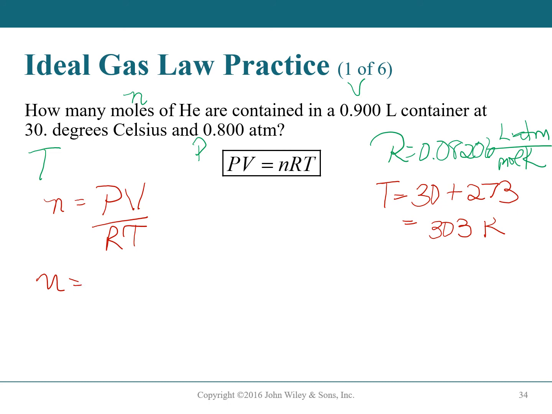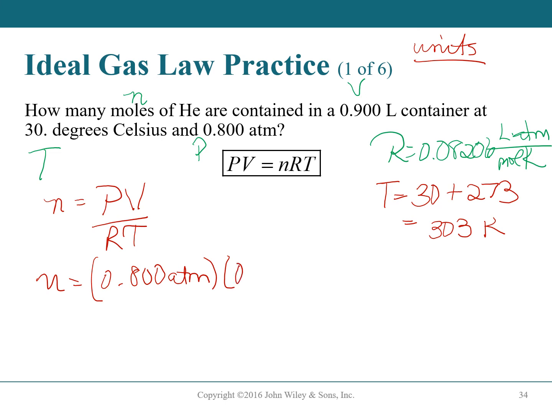Now we can plug our values in. The pressure was 0.800 atmospheres. And whenever we use the ideal gas law, remember we have to keep an eye on our units. Pressure, since this is in atmospheres, must be in atmospheres. Volume must be in liters. Okay, so it's really important that we have the appropriate units.